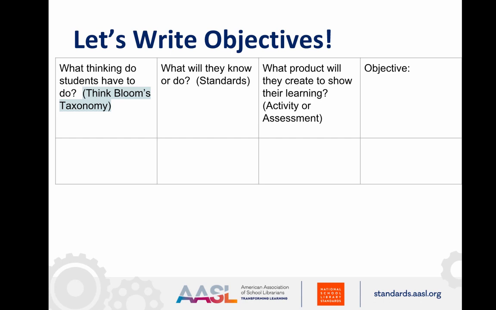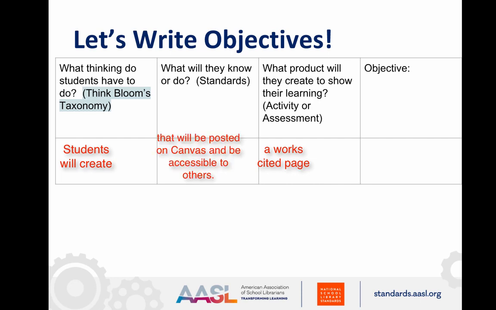If I know and students know that my objective is for them to create a works cited page that will be posted on Canvas and will be accessible to others, then I can look at their work or their progress toward their work and say, yes, this student is on track, or ooh, I see some confusion here. I need to work with this student one-on-one.